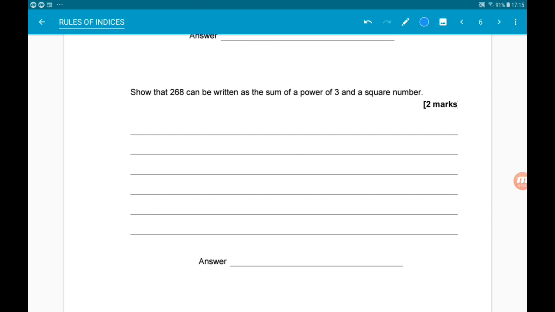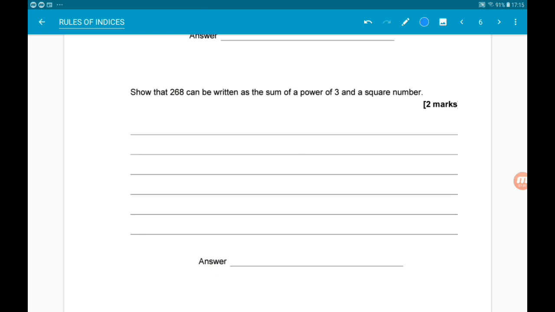And hopefully you know what square numbers are. So this was on a calculator paper. So what I'm going to do is go through the powers of 3, subtract from 268 and see if we get a square number.